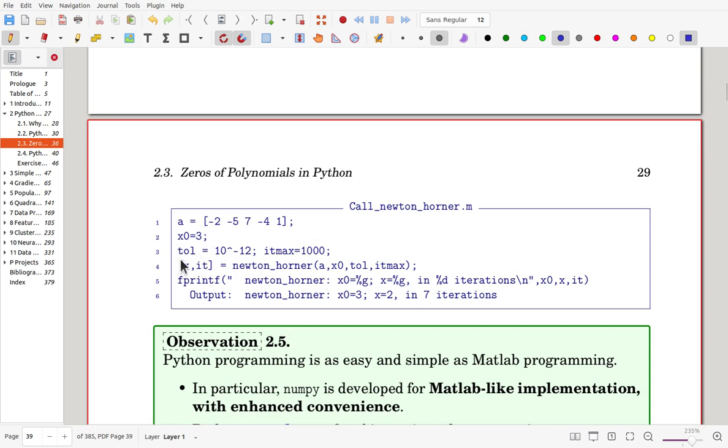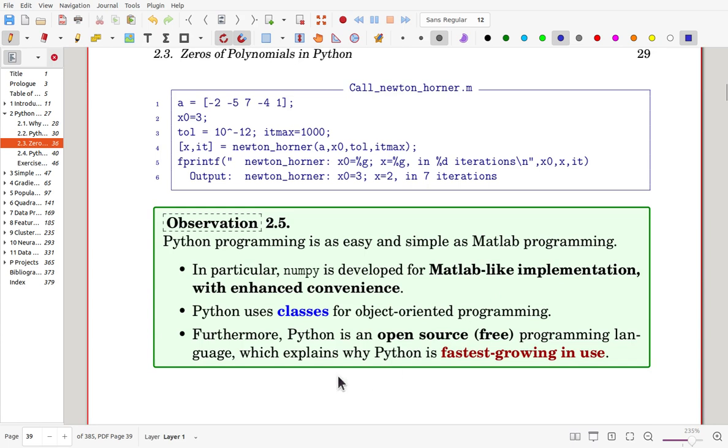Here the tolerance is 10 to the minus 12, and we make the maximum 1000 the same. Now we call Newton-Horner along with the variables, and the output is xn and the iteration count, and we print out x0 3, x 2 in 7 iterations. Exactly the same result is obtained.